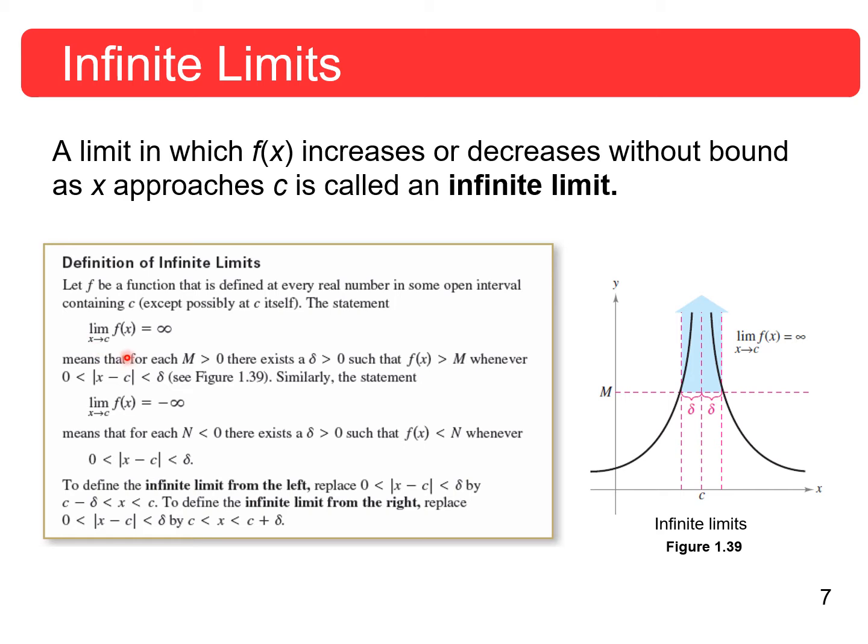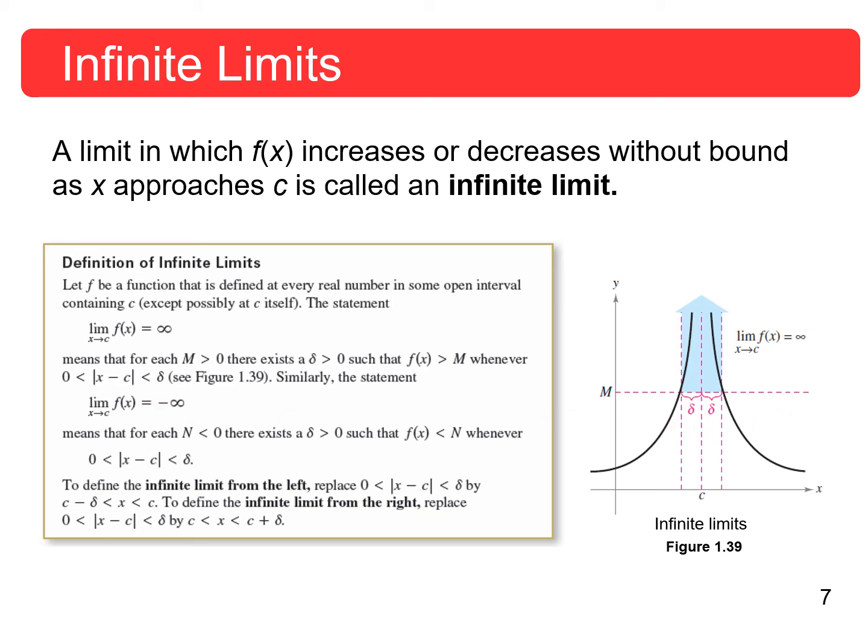This statement, the limit of f of x as x approaches c is equal to infinity, means that for each M greater than 0, there exists a delta greater than 0 such that f of x is greater than M whenever the absolute value of x minus c is less than delta. You can verify the definition from this figure here.